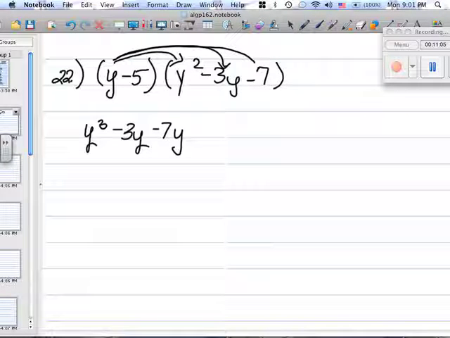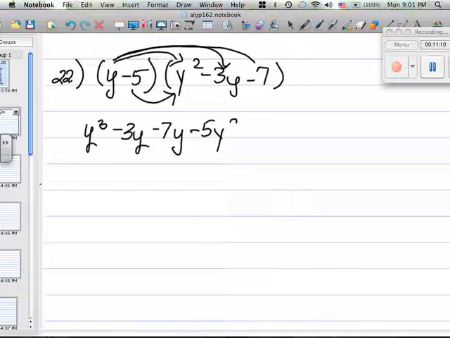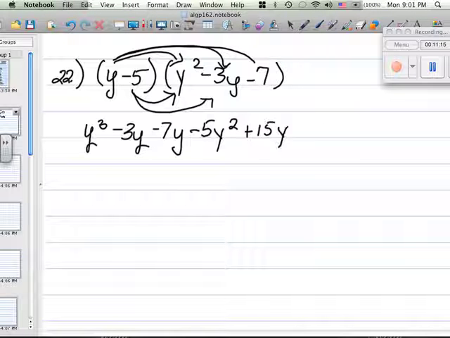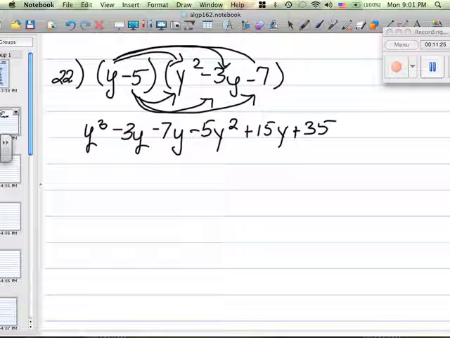Now multiplying by the negative 5, we get negative 5y squared plus 15y, negative 5 times negative 3 is positive, and then plus 35, negative 5 times negative 7.